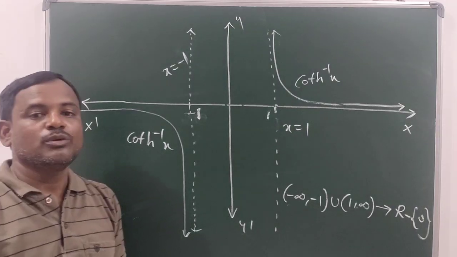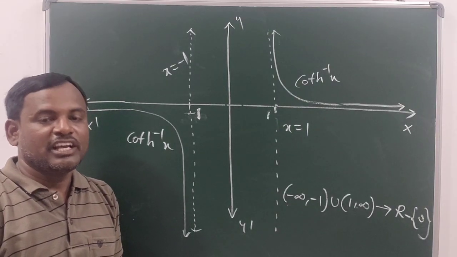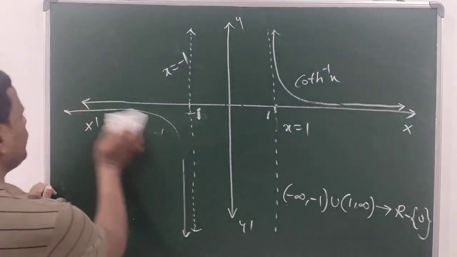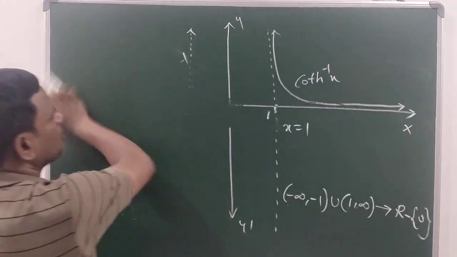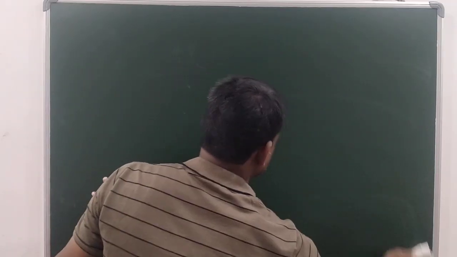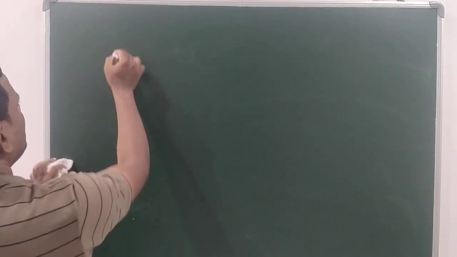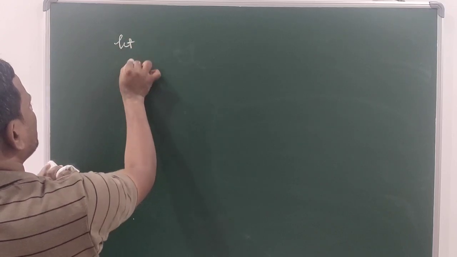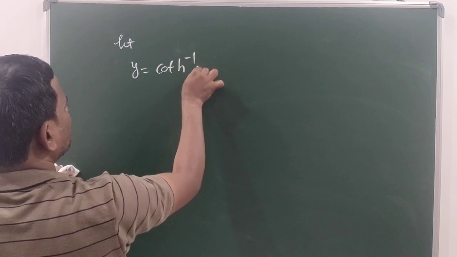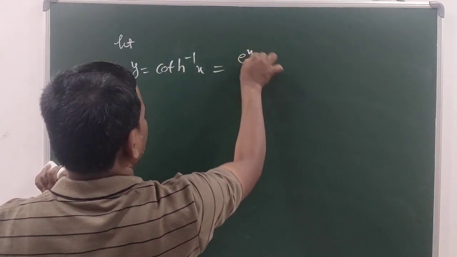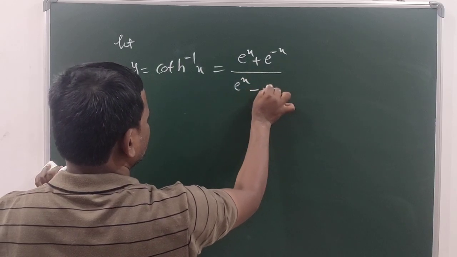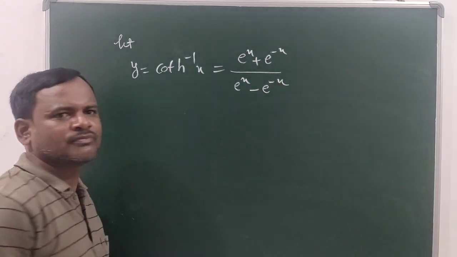Now let us go to expression of this cot h inverse of x in terms of log. How we have to express? Now let us see. Y equal to cot h inverse of x equal to, e power x plus e power minus x by e power x minus e power minus x.